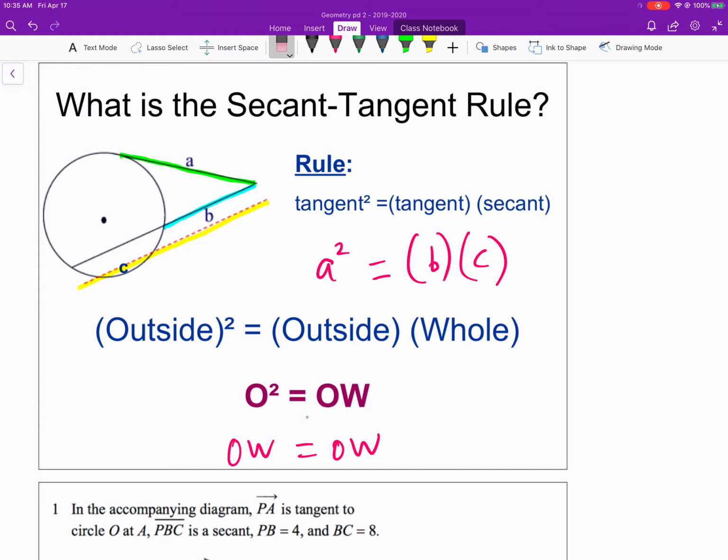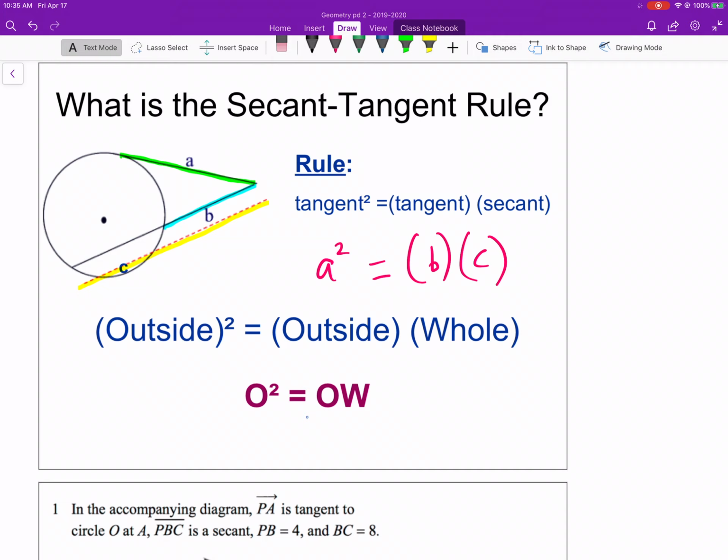So we're going to write O squared equals OW, but just thinking about it logically, it's the exact same rule. Where's O squared coming from? It's still the outside times the whole, because they're the exact same thing, the exact same number, the exact same segment.